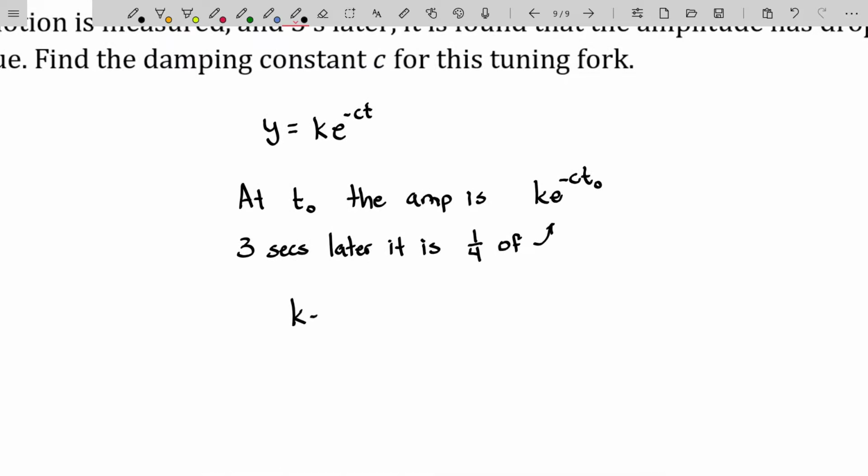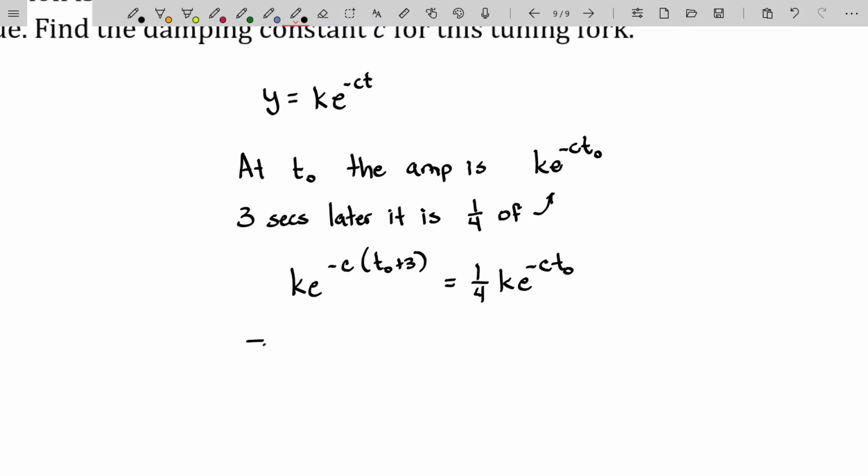It means that k e to the negative c times t naught plus 3 seconds is 1/4 of the measured amplitude at time t naught. Well, you could divide both sides by k, so that's fine. And in fact, I'm going to multiply both sides by 4 as well. So you get 4e to the negative c times t naught plus 3 is equal to e to the negative c t naught.